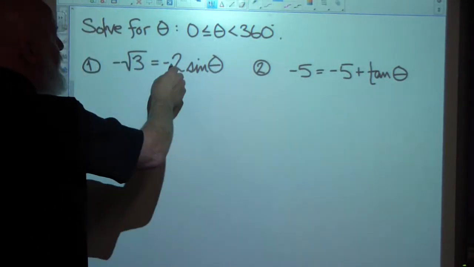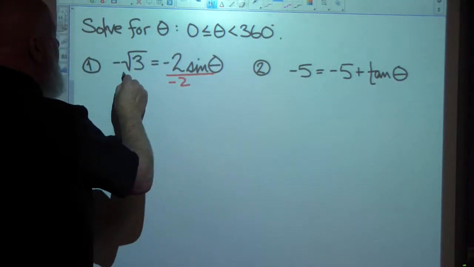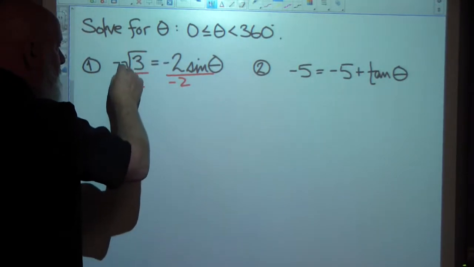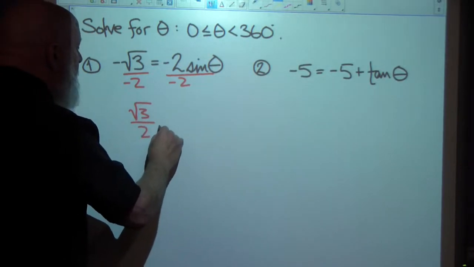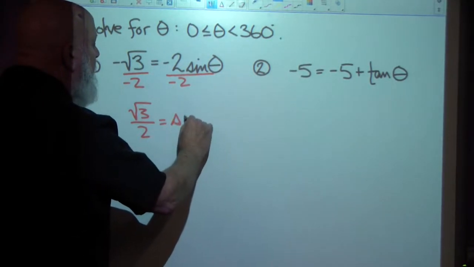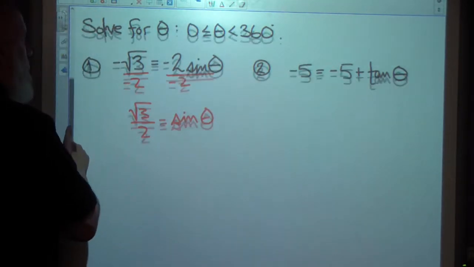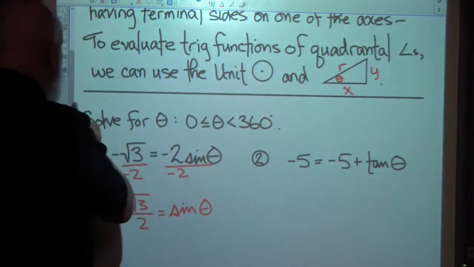So here we go. Let's see if this makes sense for you. I'm going to divide both sides by -2. This gives me positive, because negative over negative is positive, radical 3 over 2 is equal to the sine of theta. Now theta is limited to between 0 and 360 degrees.